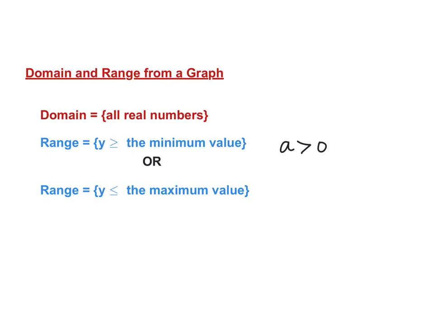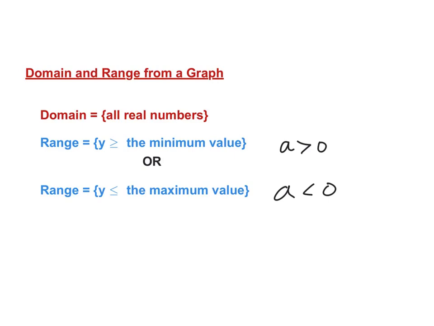So it would be actually positive infinity. Okay? When the range has a maximum value and is less than or equal to the maximum value, what we're telling you is that A is negative. It's less than 0. So it opens down. And we can figure all of this out without drawing the graph.